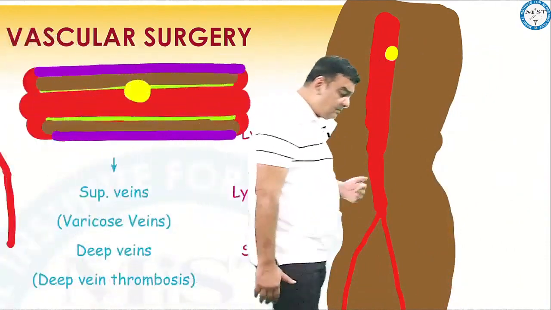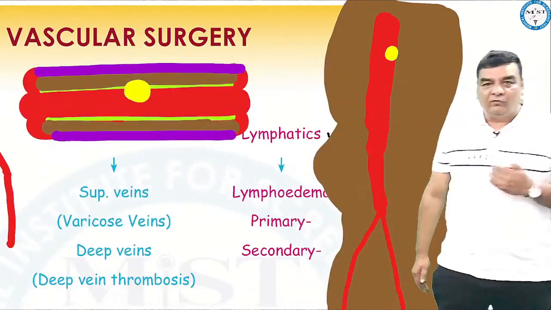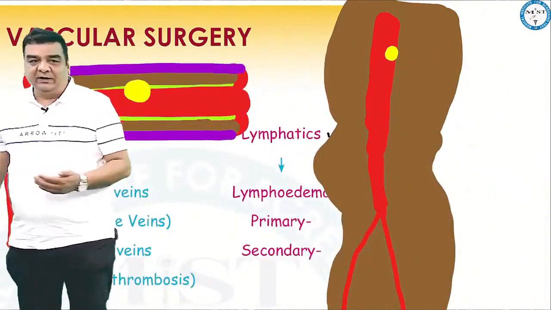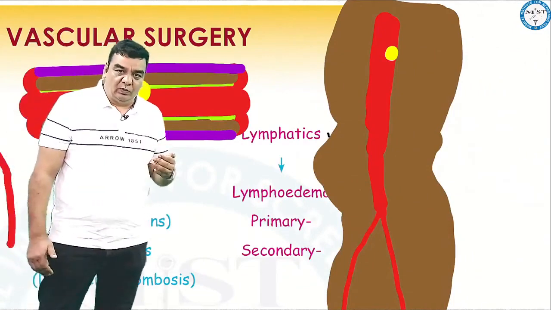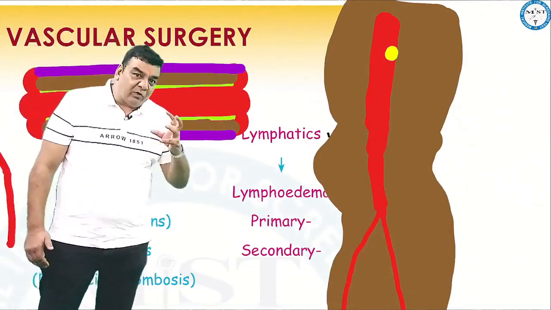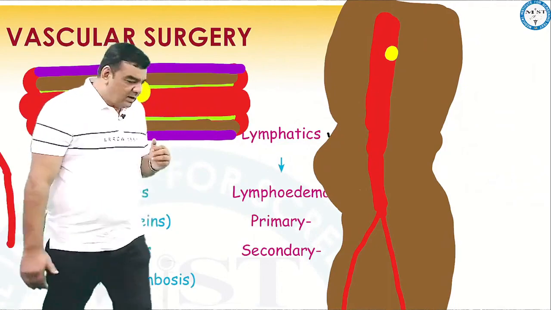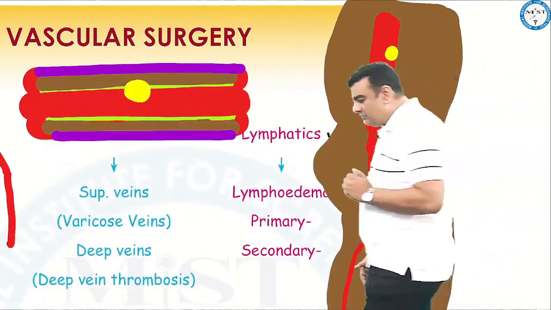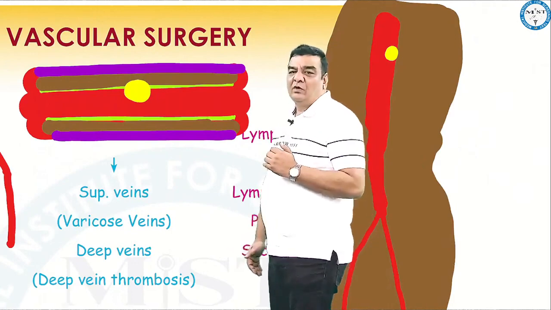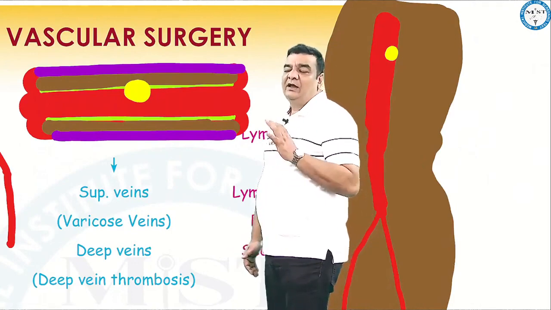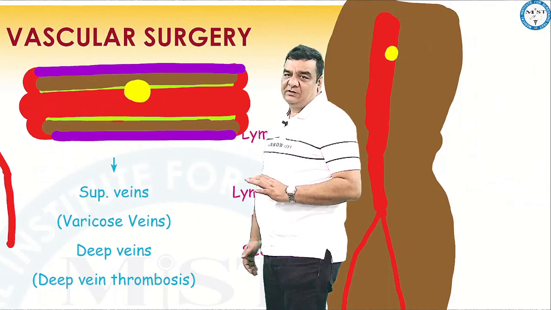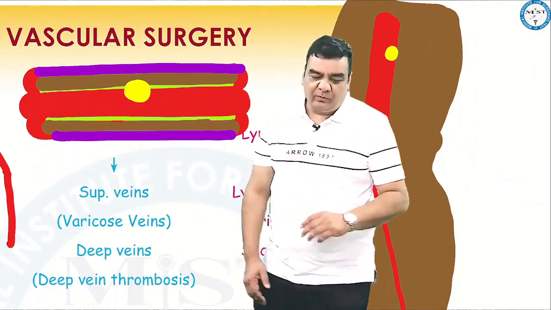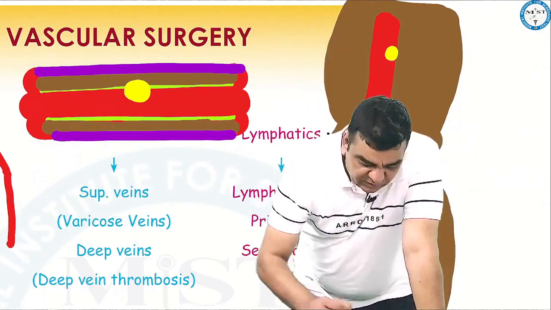This is grade 2. If the disease progresses further, there is calf pain on walking, and now the pain is so severe that the patient cannot walk any further and he has to take rest. This is grade 3.